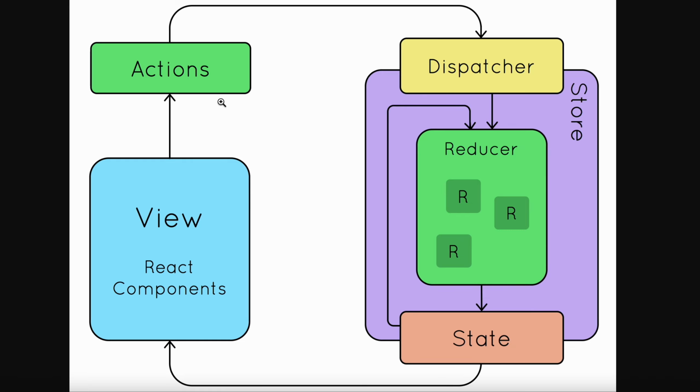Previously, when you're using React Redux, you had to define actions separately, but with Redux Toolkit it's way easier because you can just export the actions that you have defined in your reducers.